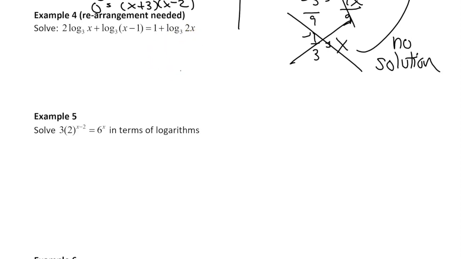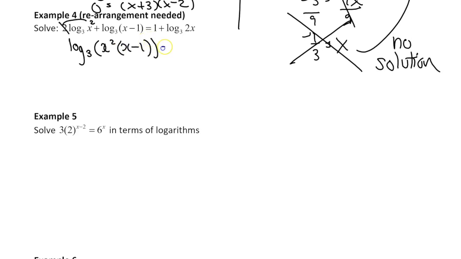For what I think might be easiest, I'm going to bring this 2 up top here and join this left side. I'm going to say log base 3 of x squared times (x minus 1).